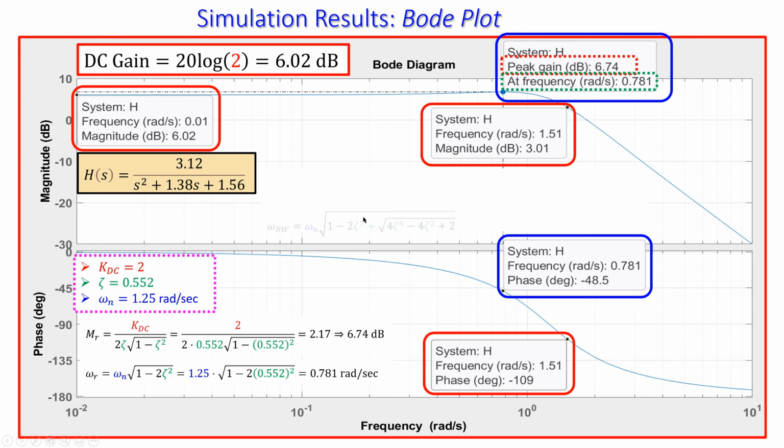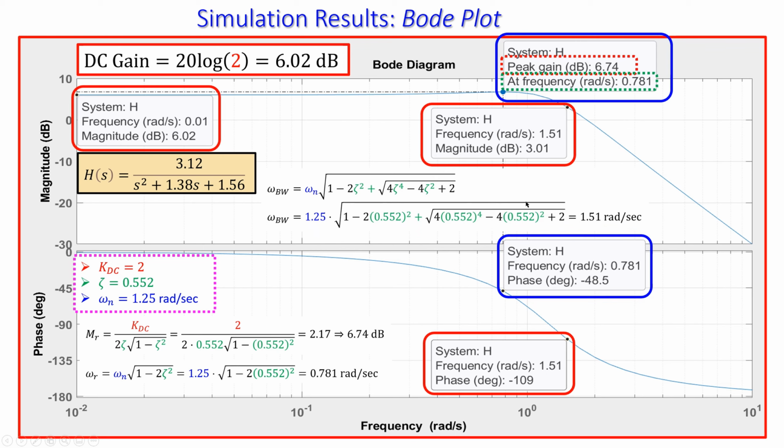If I substitute the values again for omega n and also for zeta, in this expression, I have 1.51 radians per second, which is exactly as we have simulated. So you can see it is all confirmed by this Bode diagram. We have the bandwidth, we have the peak value, we have also the resonant frequency. All of them are correct according to the Bode plot.